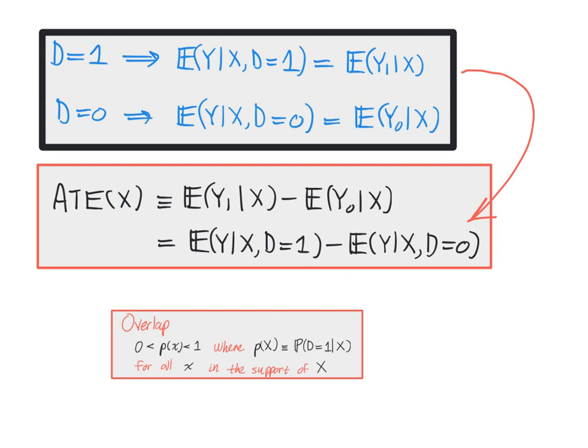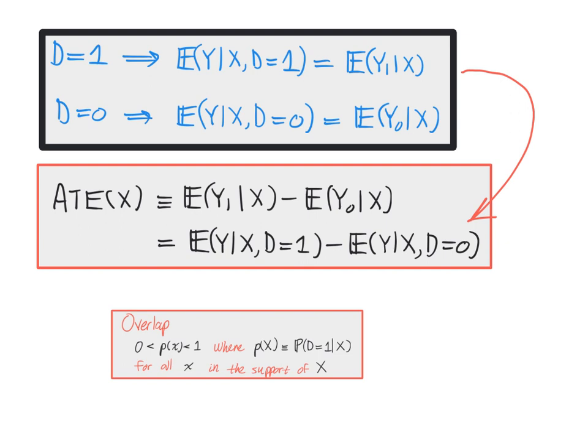The result we've just derived gives us a way to calculate the conditional average treatment effect in terms of two observable expectations. The first is the conditional expectation of y given x and d equals 1, and the second is the conditional expectation of y given x and d equals 0. For this conditional average treatment effect to be well defined at a particular value, little x, of the covariate vector x, both of these conditional expectations need to be well defined.